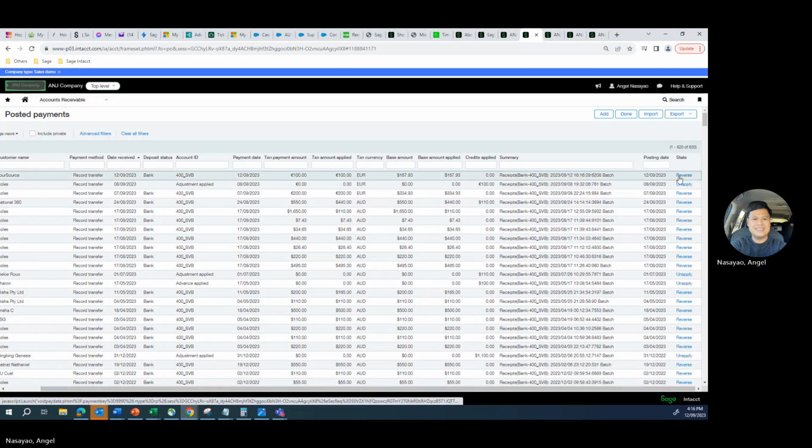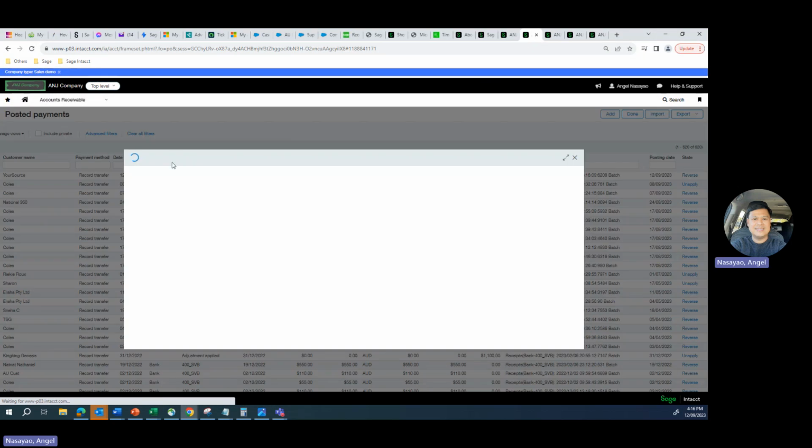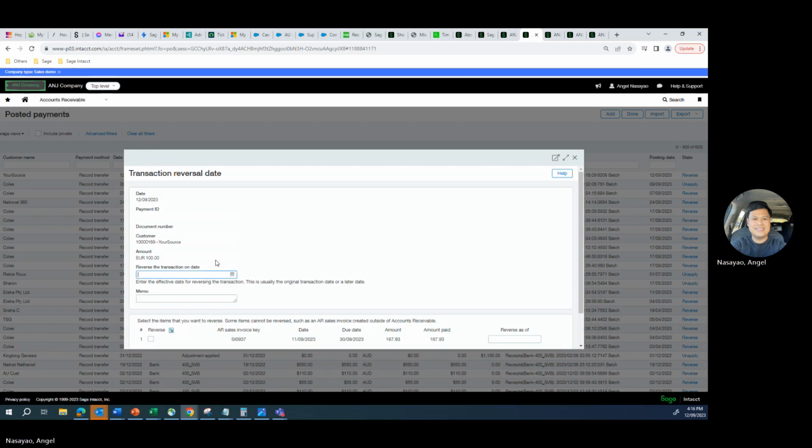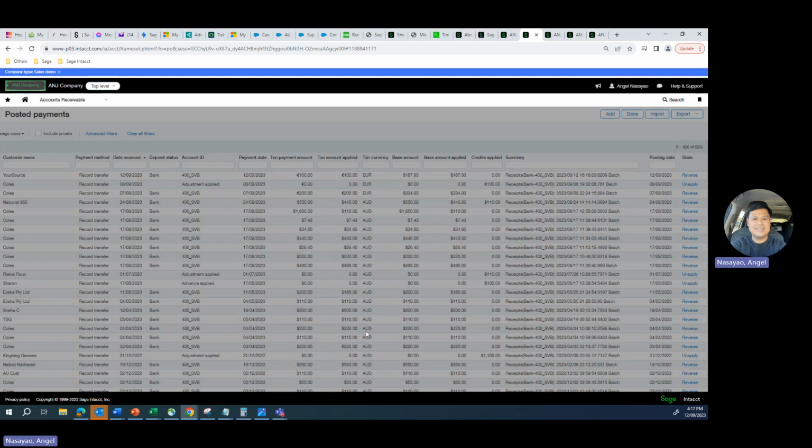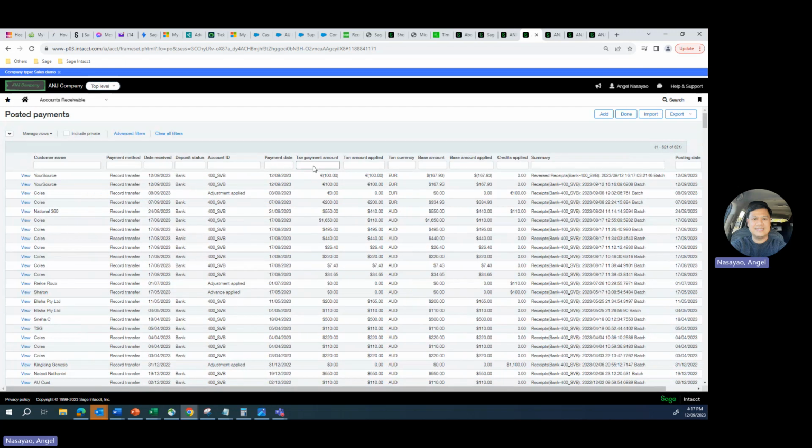So let's reverse it. Reversal date, which is today. We will just reverse the payment because I really want to apply the credit. We will probably be seeing this later anyway, but that's okay. So let's just go back.